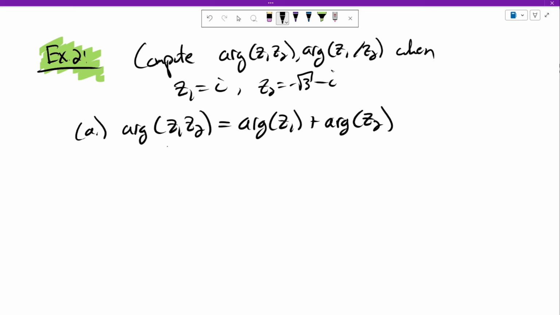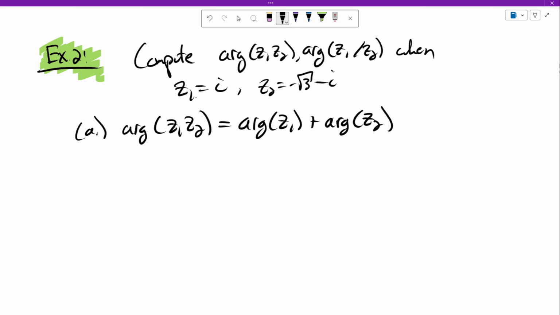This is not true, we'll see, for principal arguments, namely if we put a capital A here, and this fails, and we'll see exactly why that happens. What this first equation is telling us is that to compute the argument of the product, or the angle formed by the product of complex numbers, we need the angle of each of the ones that make it up.